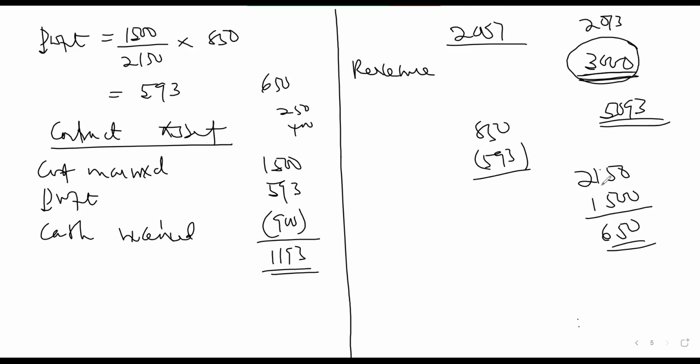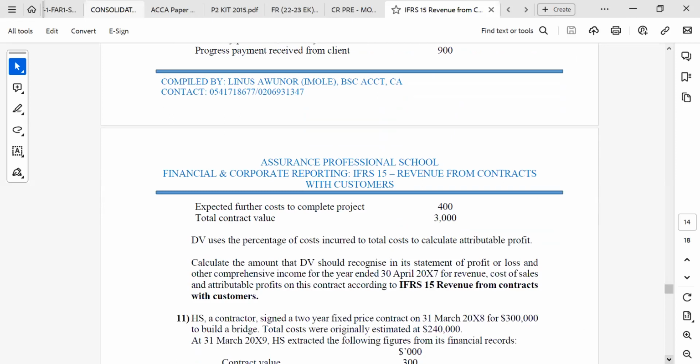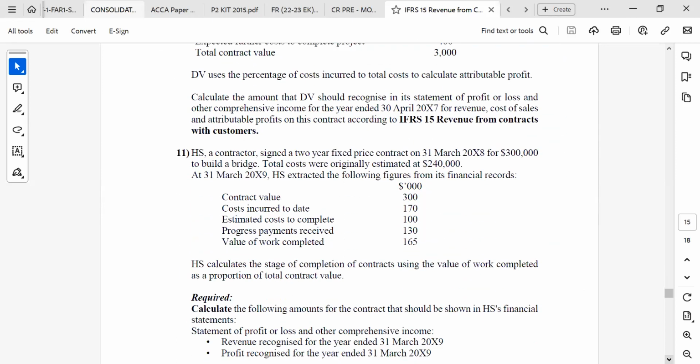So this is for input method. Let's see whether we can get a question on the output method. The output method will always give you the value of the work completed. So the company completes the stage of completion of contract using the value of the work completed. If you come here, I will only demonstrate. The value of the work completed is 165, isn't it?